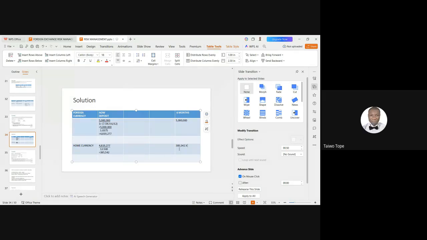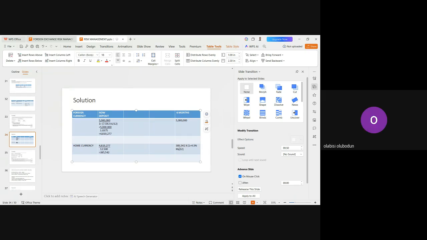So now when you borrow, it will now be 385,542 multiplied by 1 plus 4.5% times 6 over 12.